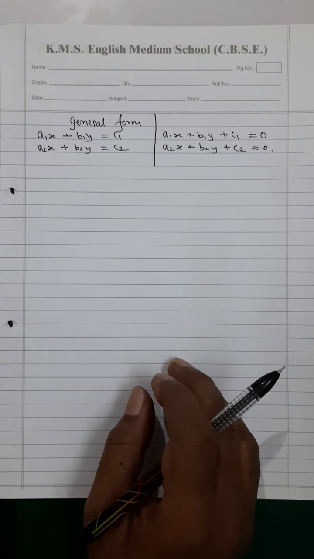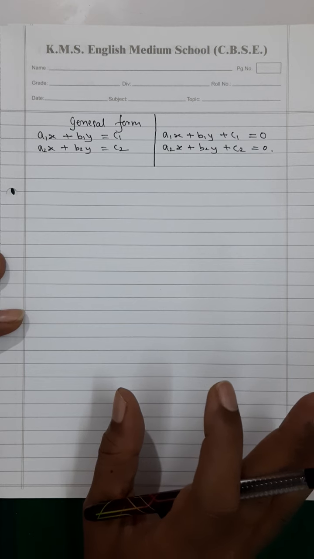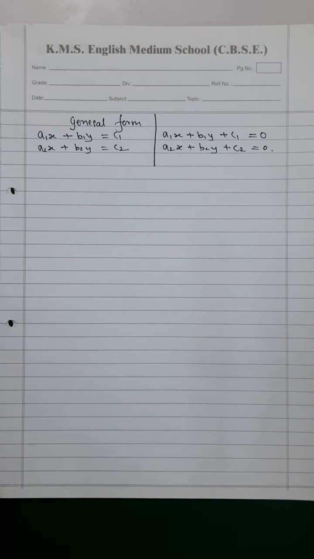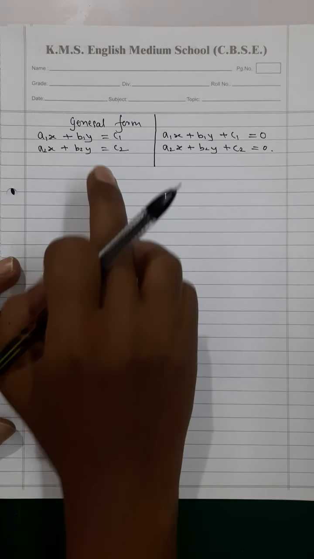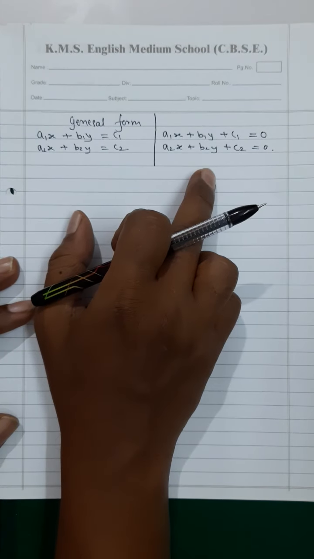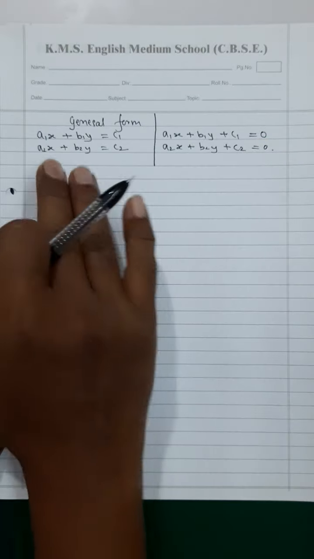If you are going to solve it by the methods that we have done, the equating coefficient method especially, and even the graphical method, you have to consider it in this way. Even if you consider it in the other way, ultimately you will have to go into this way.